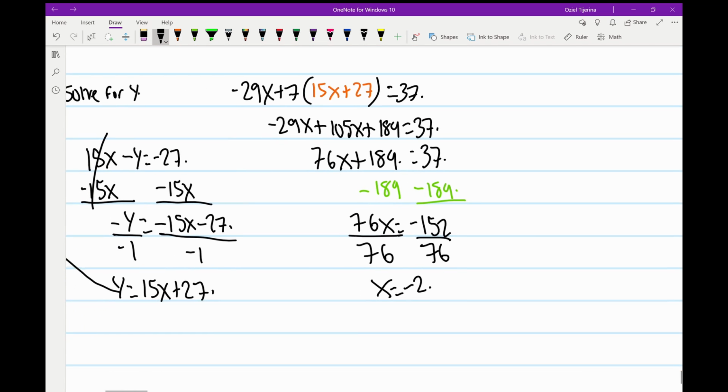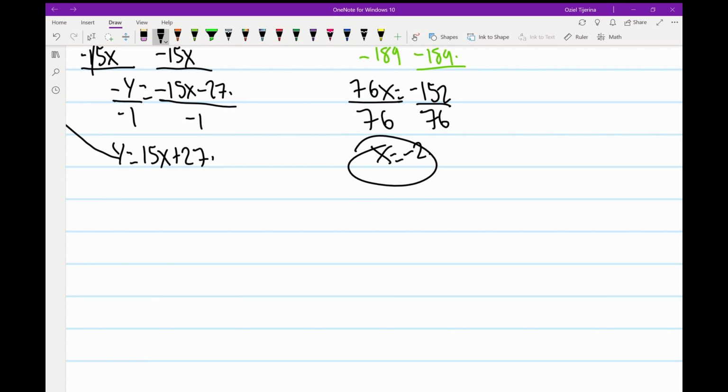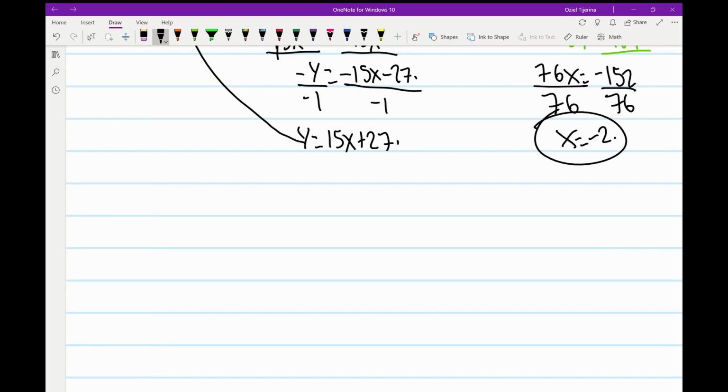Okay. So then finally we have one solution. So we can plug this in to here. So we have y equals 15x plus 27.